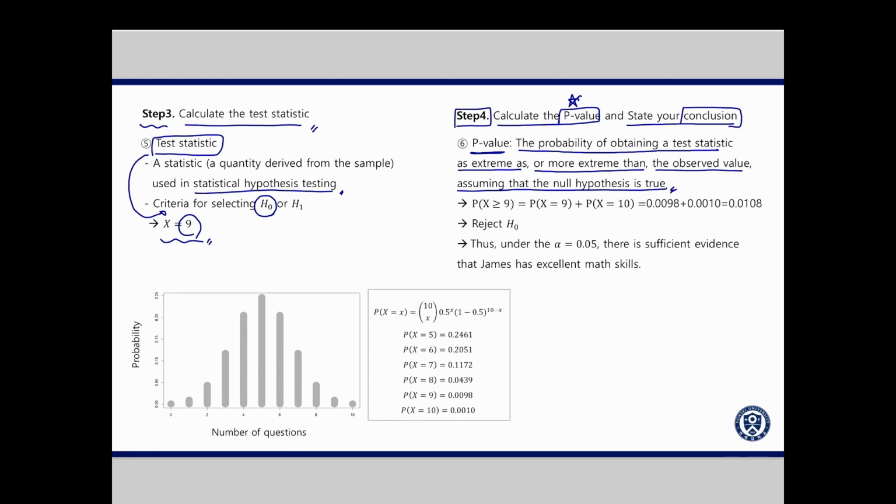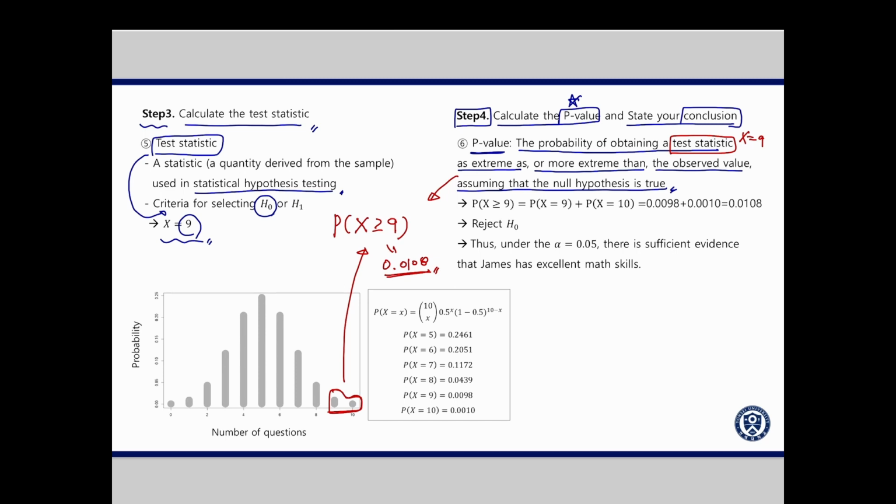Typically, we use the p-value to draw a conclusion about the hypothesis. Since the test statistic is x equals 9, the p-value is for x greater than or equal to 9, that is, the sum of these two probabilities, which equals 0.0108.